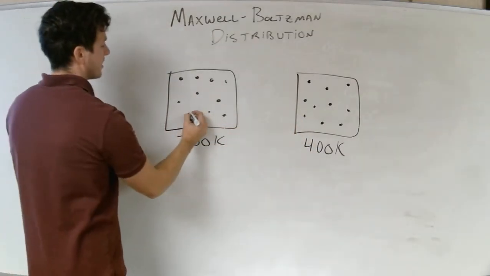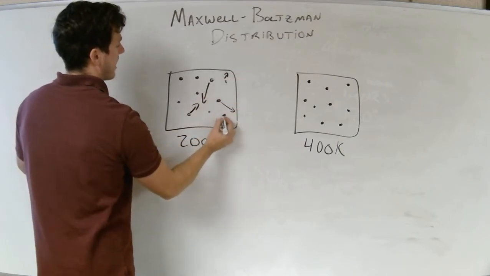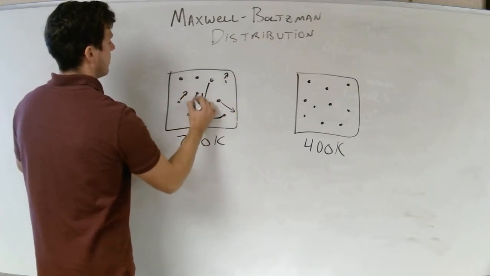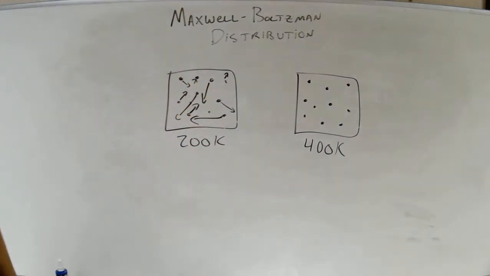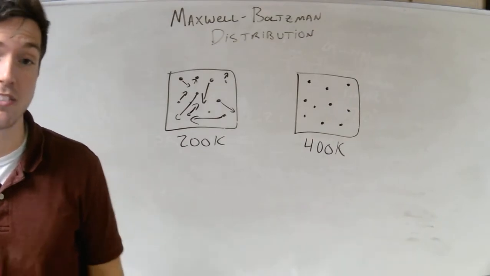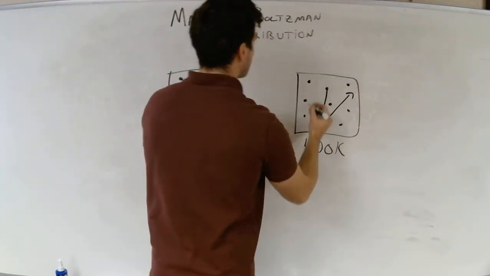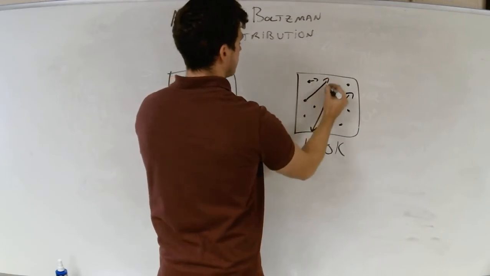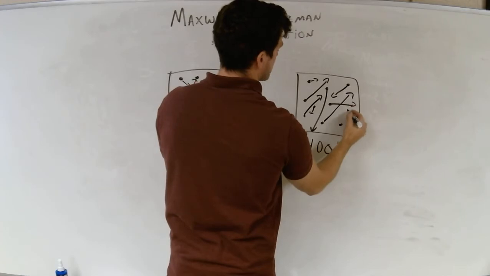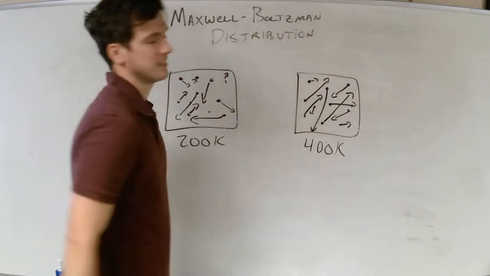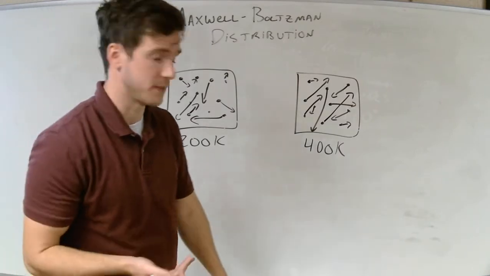So you might get some gas molecules moving fast, some moving slow, but overall they are moving at an average kinetic speed based on their temperature. This one might have larger arrows, but there will be ones that move not so much. On average the arrows will be larger, but it doesn't mean that all of them have to be the same speed.